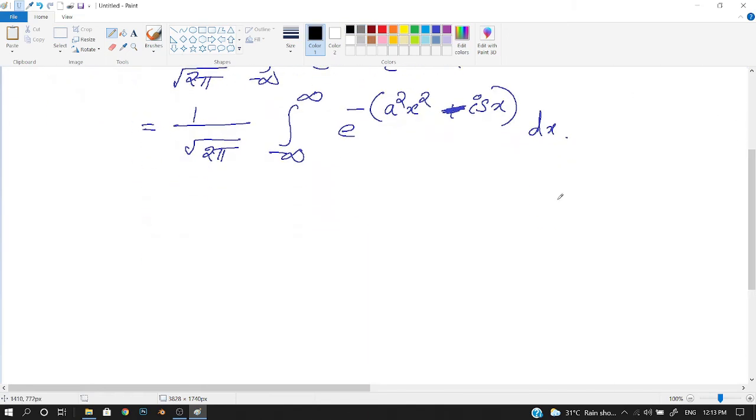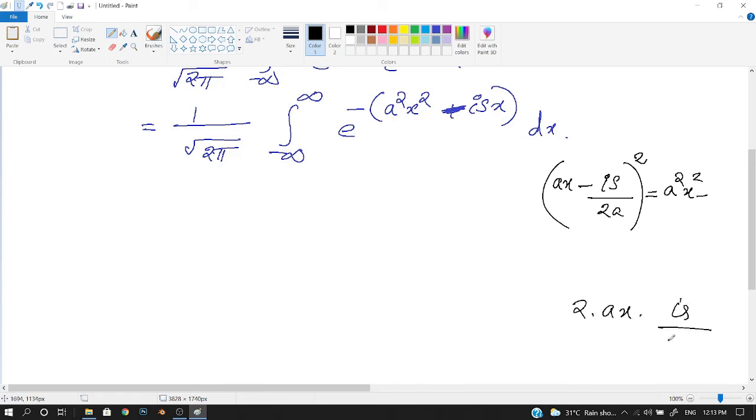So you just consider the term ax minus is divided by 2a, ax minus is divided by 2a the whole square. While expanding this, a square x square, then minus 2 into ax into is by 2a.